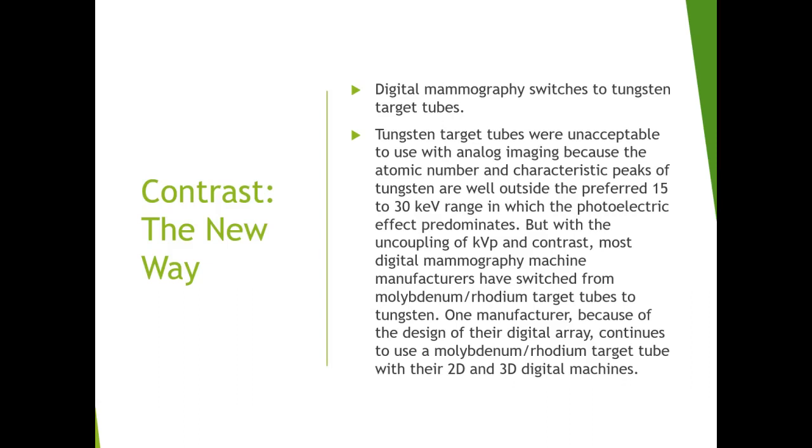But with the uncoupling of the kVp and contrast in a digital machine, most manufacturers have switched from the Molly-Rhody target tubes to tungsten. One manufacturer, because of the design of their digital array, continues to use Molly-Rhody target tubes with their 2D and 3D machines, but the others have switched to the tungsten.